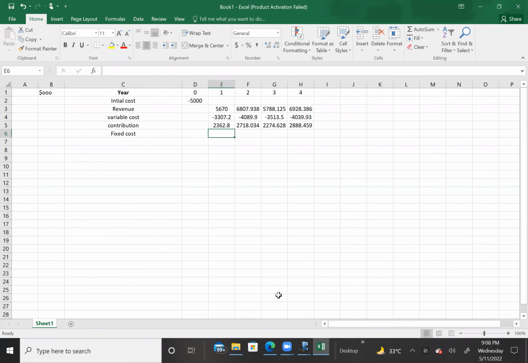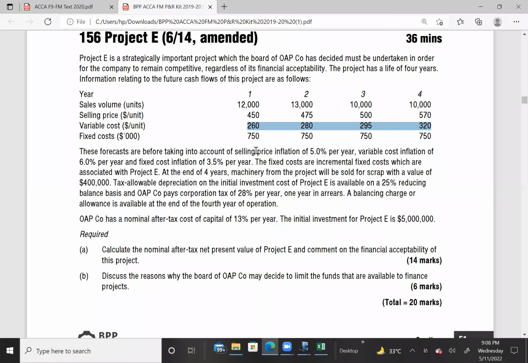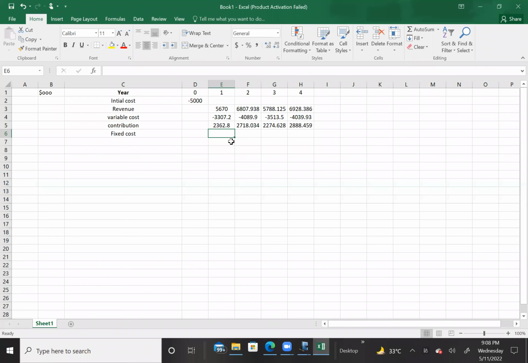Now the fixed cost. Fixed cost is 750, 750, and 750. And the inflation in fixed cost is 3.5%. So equal minus 750 into 1.035.